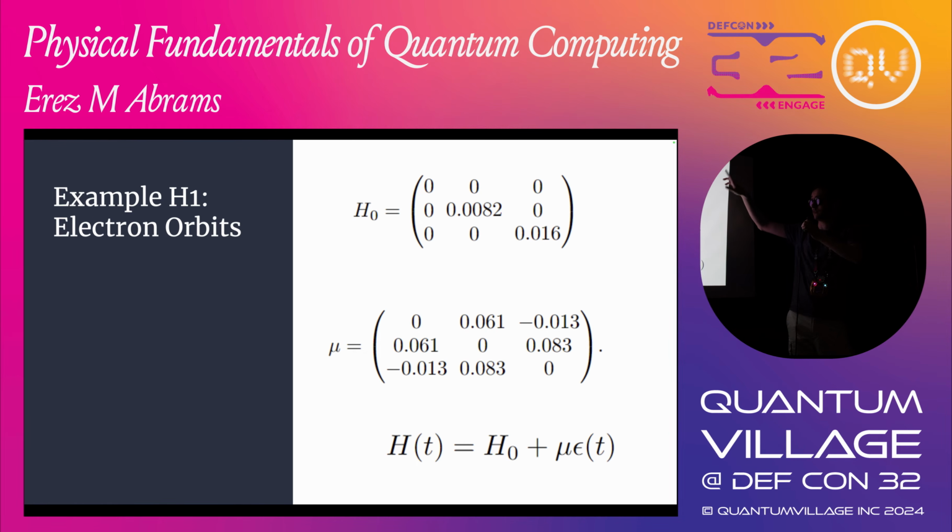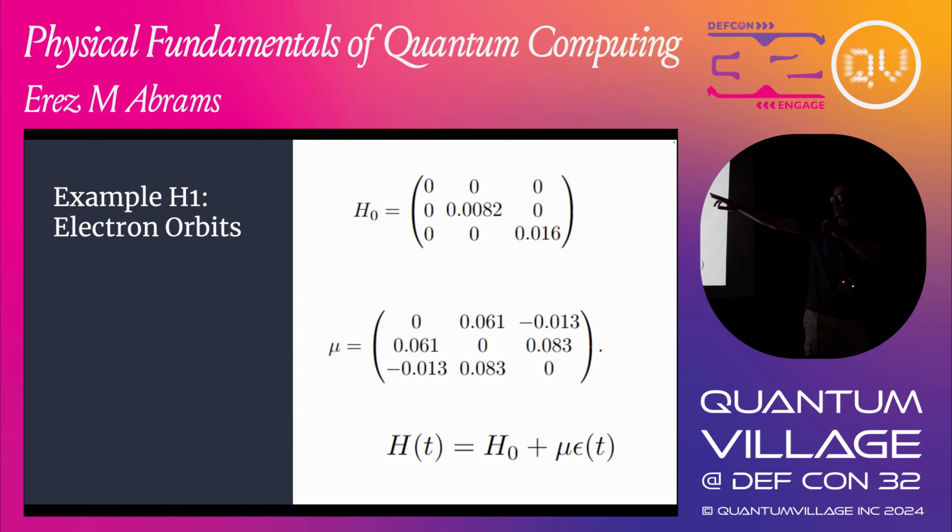Now, you might notice that the first energy level is defined to be 0. This is because, for complicated reasons that I'm not going to go into, we can add any multiple of the identity to H0, and it just changes phases, which don't actually matter. And so this is our H0.